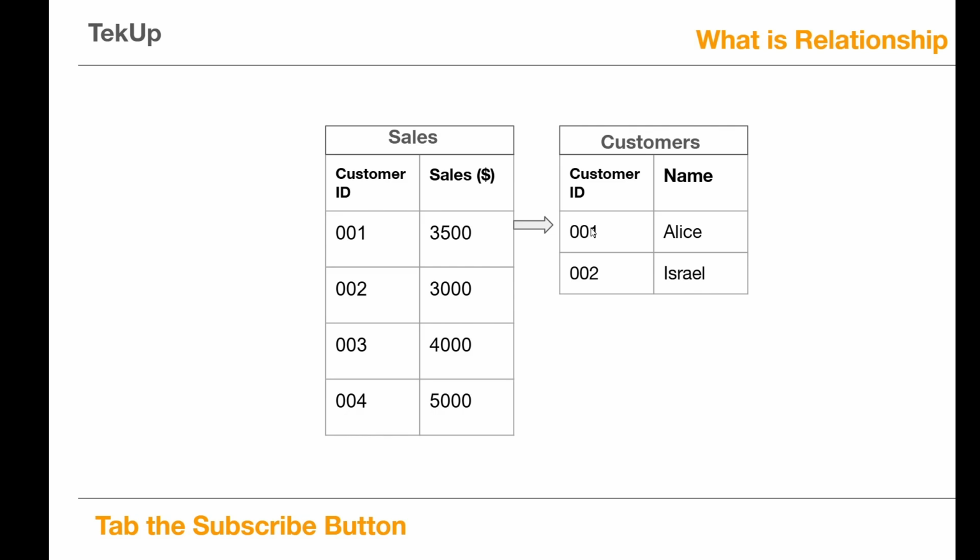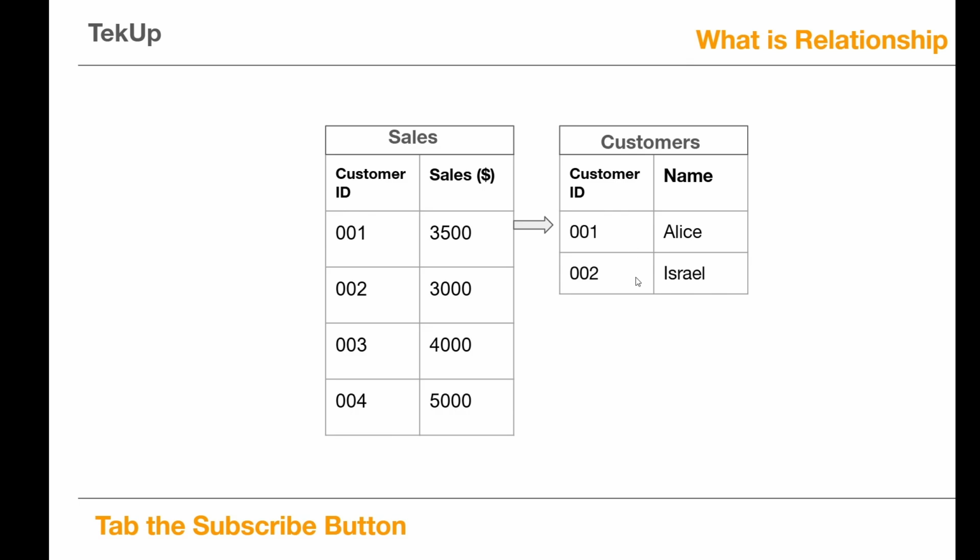In Power BI, that is what we call the primary key and the foreign key. We will explain that as we move ahead. But what you need to know is that in the customer table, the customer ID is the primary key, while in the sales table, the customer ID is a foreign key.